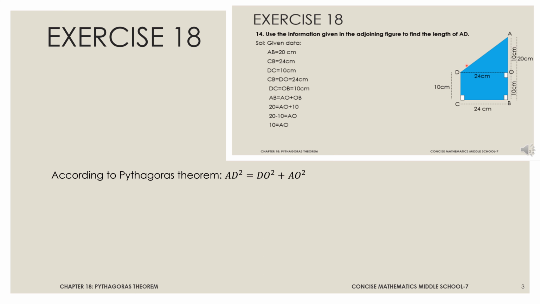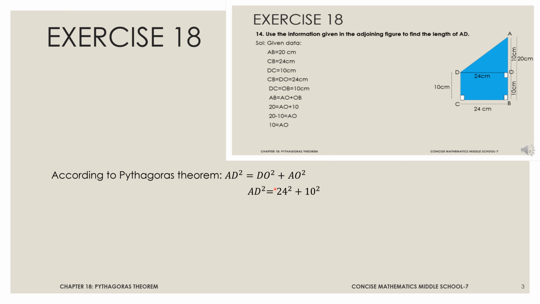That is AD square is equal to DO square plus AO square, right? Now just substitute these values over here. AD square you can write as it is, because we need to find the value of AD square, and DO square is 24 square, AO is 10, so 10 square.